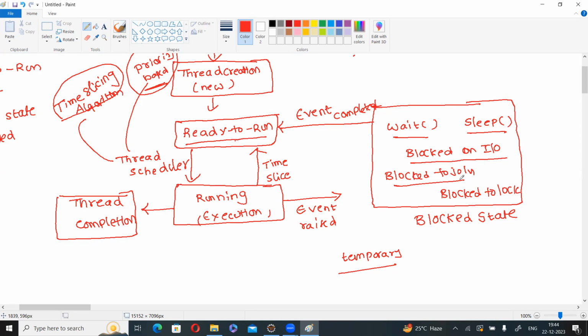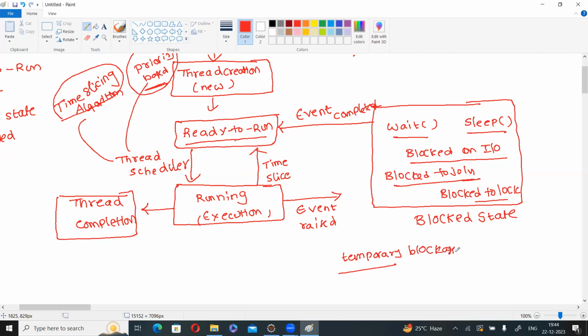After completion of this thread only, the second thread needs to be executed. For example, right now T1 is executed, but T1 is completed only when T3 is completed. So if T1 is waiting, that is block to join. Block to lock means if you are doing a locking operation, either synchronized block or synchronized method. Generally this is called temporary blockage.